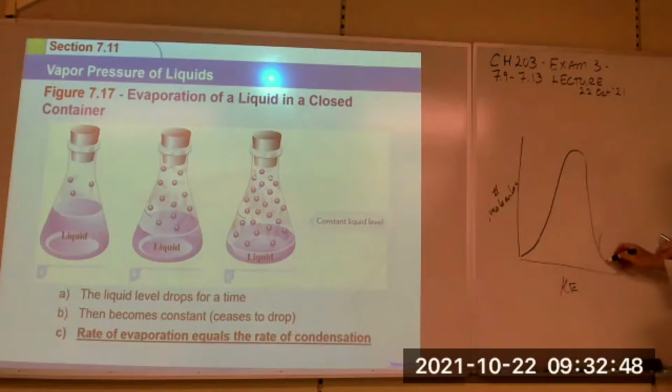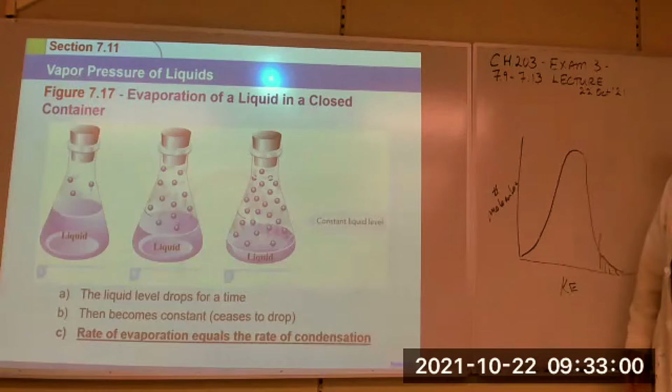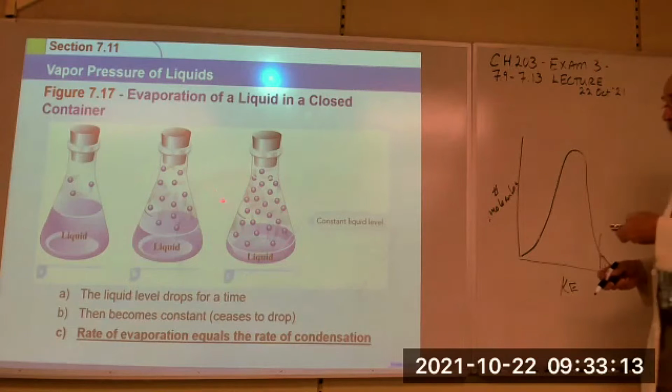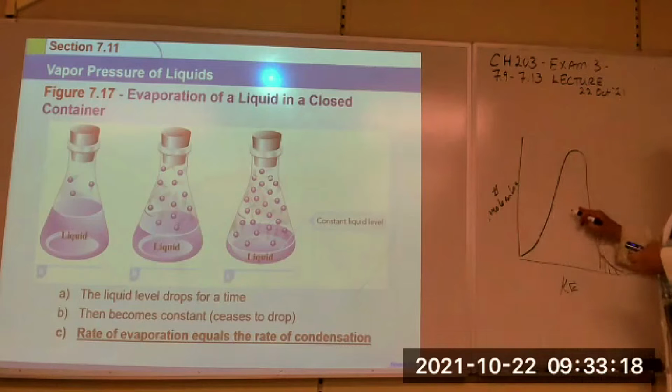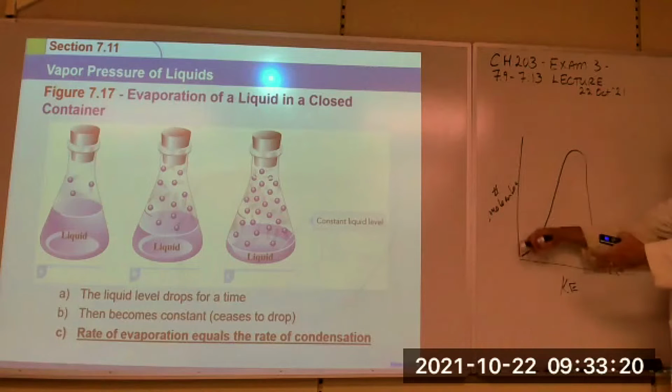But you'll have a few that are out here at the high end of the kinetic energy. They've got enough to escape from the surface. So those are the ones that move into the vapor phase. And then you reach a point where they're constantly going back and forth. And then these molecules here, they will also have a spread of kinetic energy.